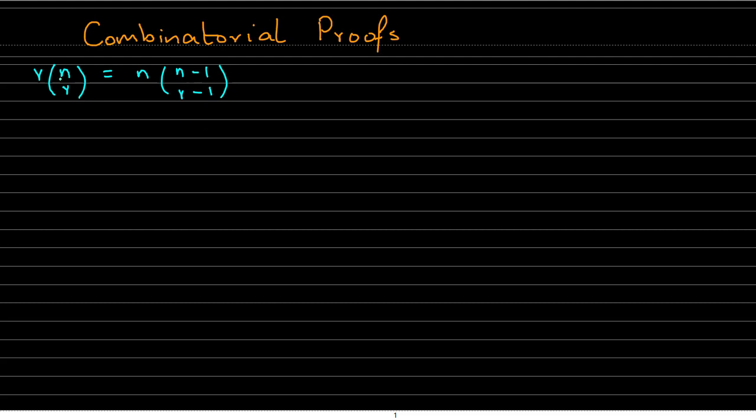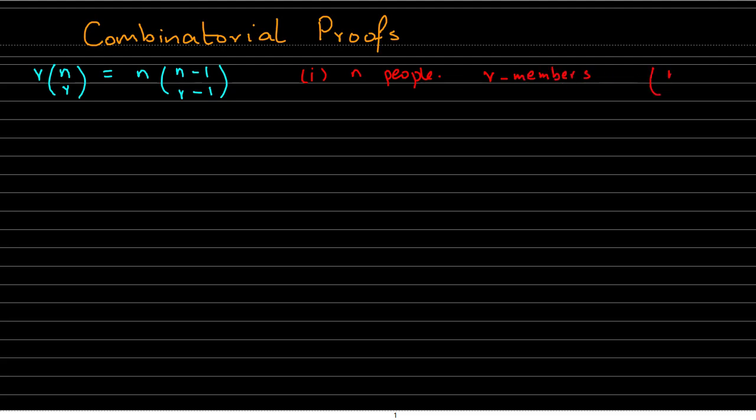So firstly, I want you to think of different questions which give the left hand side as the answer. I'm going to tell you two such questions, and I want you to figure out more. The first question would be: we have n different people, and we want to choose r members.